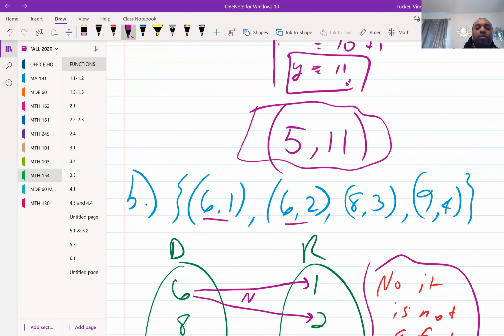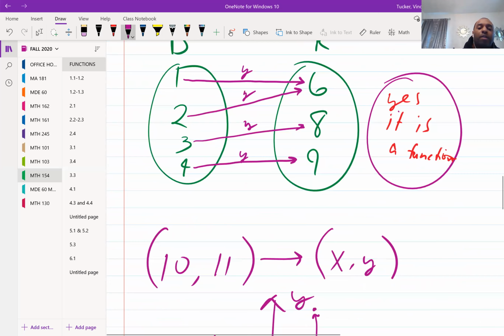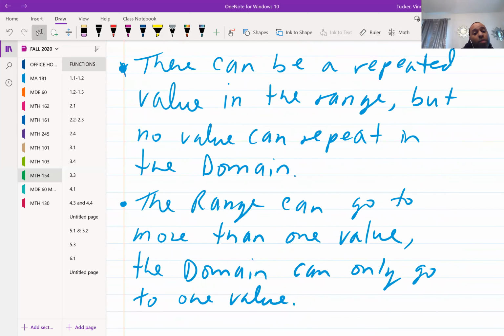It was not a function. Here we had a 6 that was repeated in a range, but that was a function. So there can be a repeated value in the range, but no value can repeat in the domain. And the range can go to more than one value, but the domain can only go to one value. That was also shown in the two problems that we did.